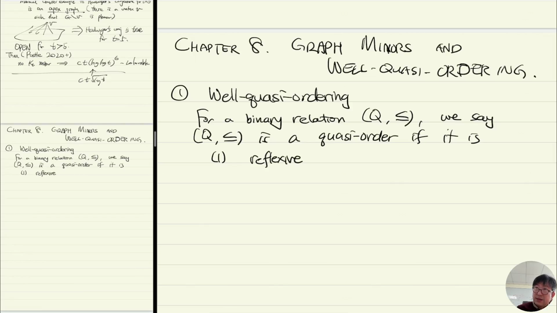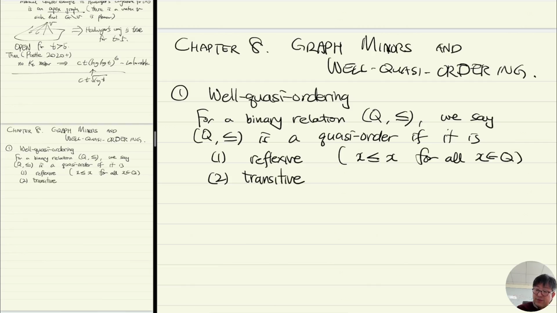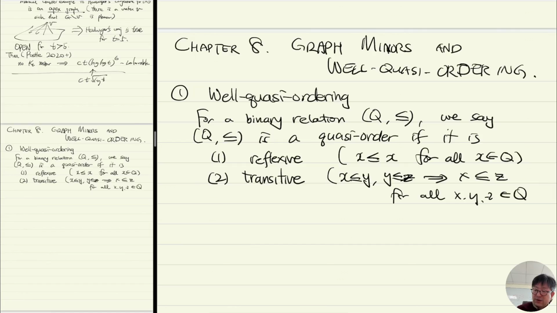What that means is x is less than or equal to x for all x in Q. And second, it is transitive: x is less than or equal to y and y is less than or equal to z implies that x is less than or equal to z for all x, y, z in Q.